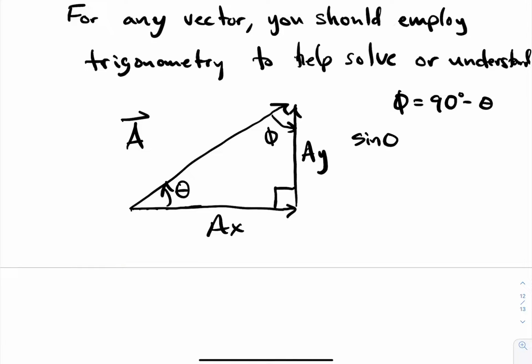Sine of theta. Now, whenever we write sine theta, we're talking about this angle. If I wrote sine phi, we would have to use different side lengths. But we define sine always the same. It's always the opposite side divided by the hypotenuse. And hypotenuse is the longest side of the triangle.